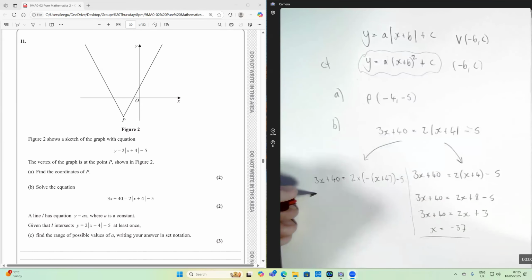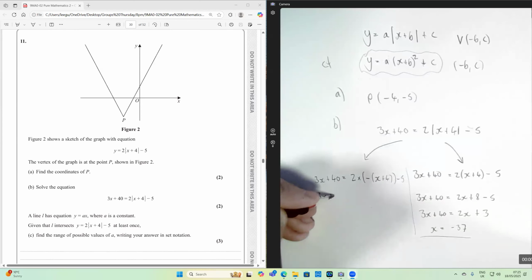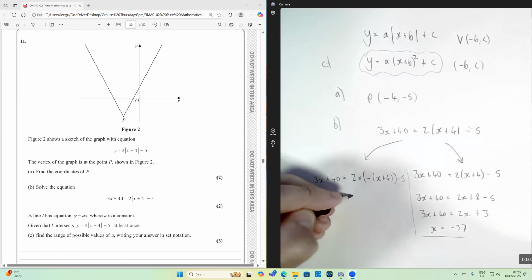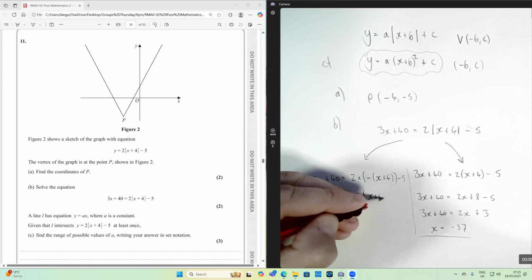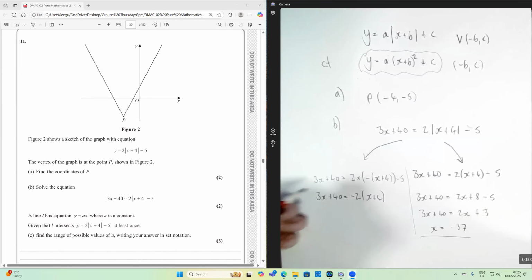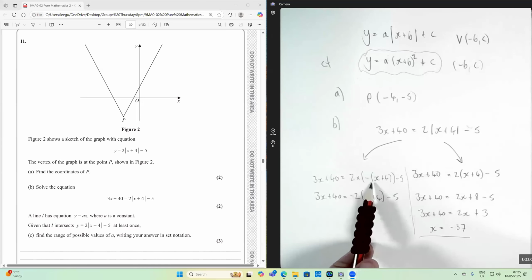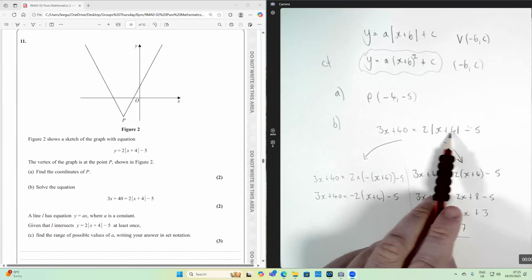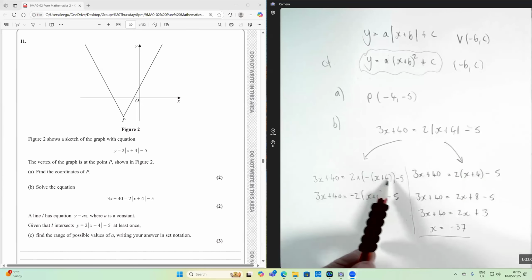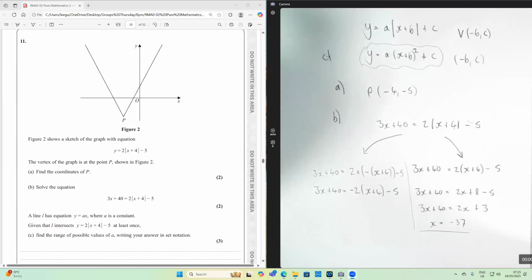But now in the next line, I'll just write it as 3x add 40 is equal to minus 2 open brackets x add 4, like that, minus 5. Okay, but I did it that way just to emphasize that what the modulus function is doing is put a minus in front of that bracket.